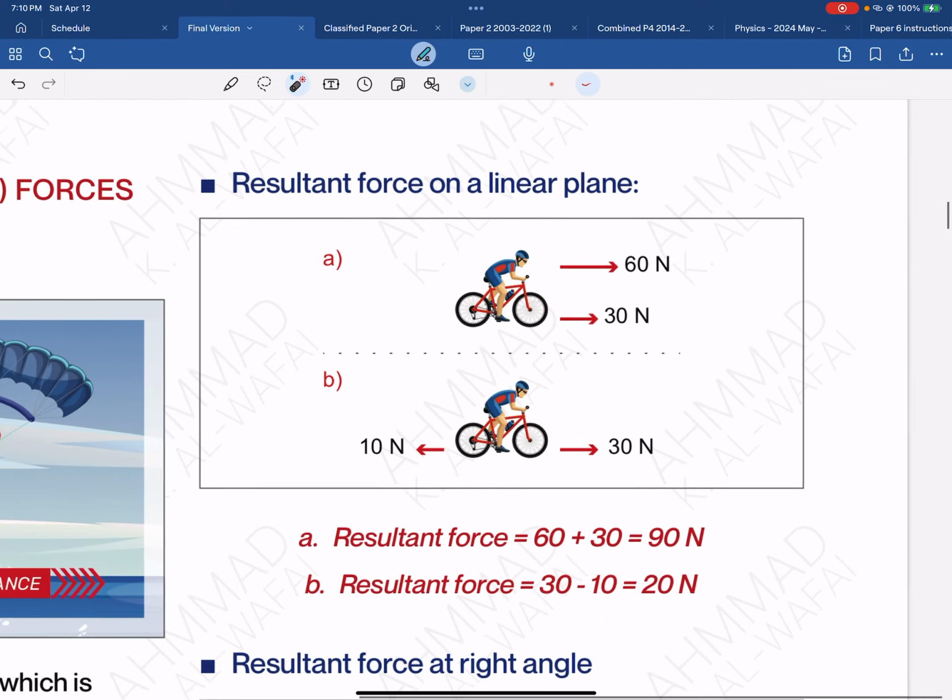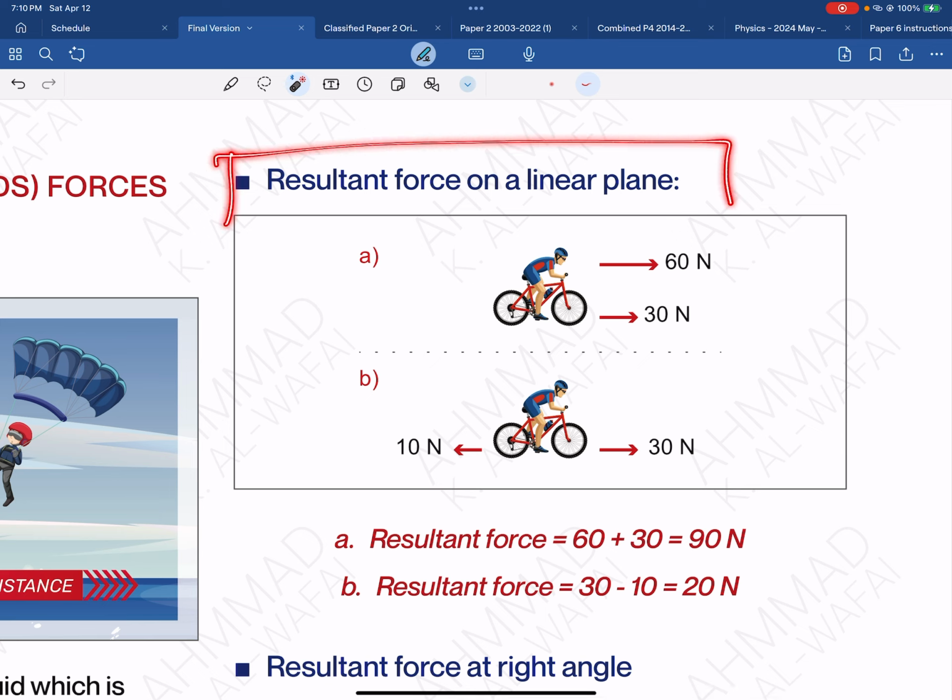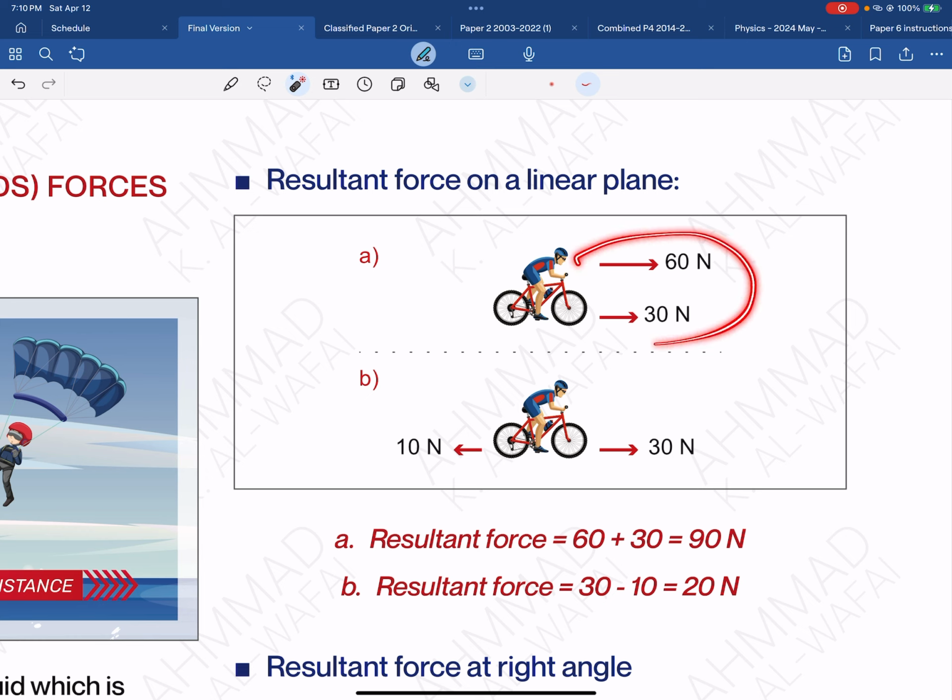Now we're going to talk about the resultant forces, or how to get the resultant force, the sum of forces. When these forces act on an object, according to their direction, we add them up. This is related to the idea of vectors, and it's called vector analysis. When two vectors are acting on the same line in the same direction, we add them up.